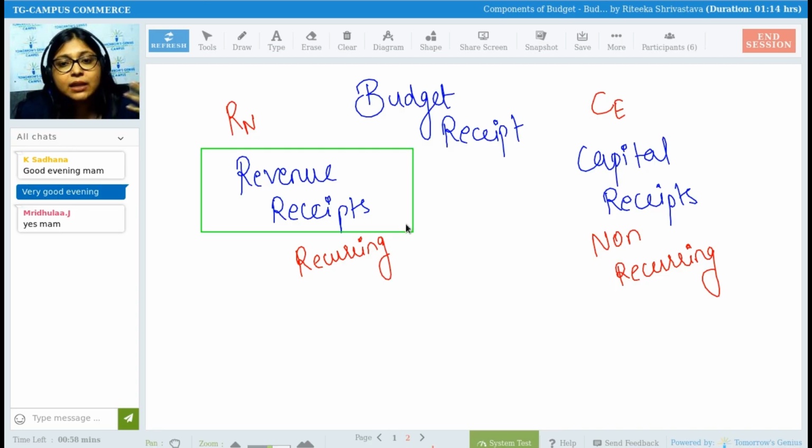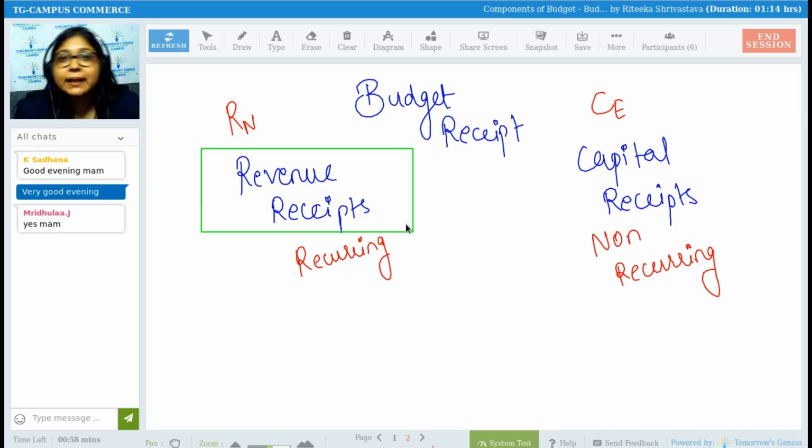And taxes are a compulsory payment which everybody has to make, be it an individual, be it the government. Now we also studied about the two aspects of taxes. One was it is a compulsory payment, and second one was it does not provide benefits to the individuals.